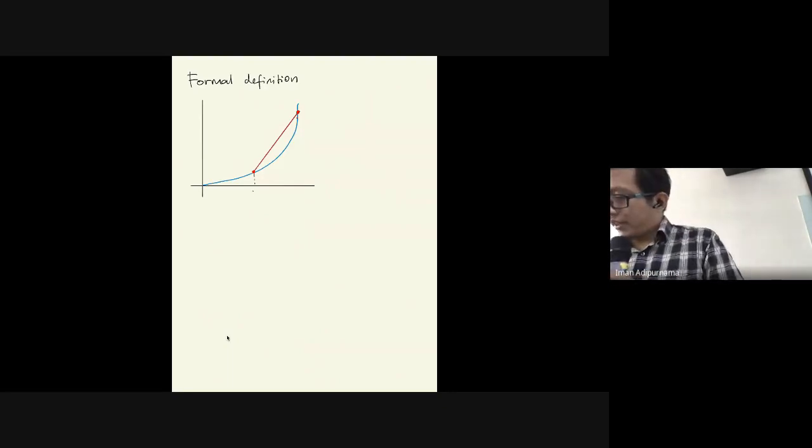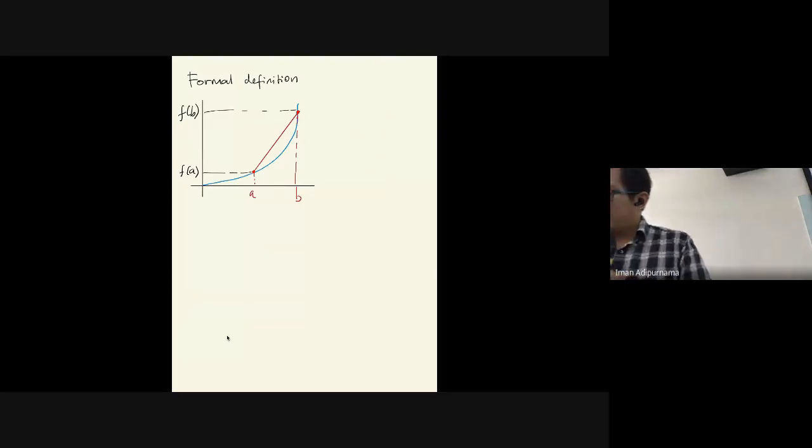If you have, this is A, this is B, this is f of A, this is f of B. Okay. Based on our understanding of tangent, or in this case, the second line here, line from P and Q. Okay. The gradient is delta y and delta x, right?